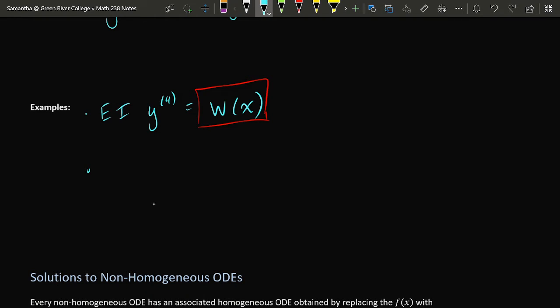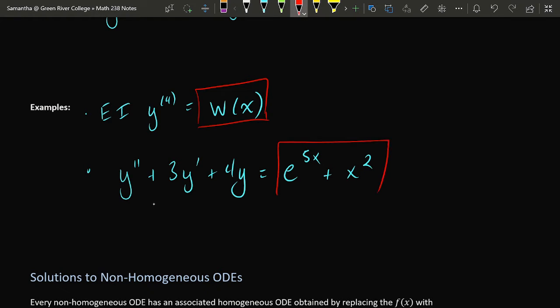For a more abstract example, I could give you something like y double prime plus 3y prime plus 4y is equal to maybe e to the 5x plus x squared. In this case, this would be non-homogeneous because on the right-hand side of the equation, instead of 0, we have e to the 5x plus x squared.